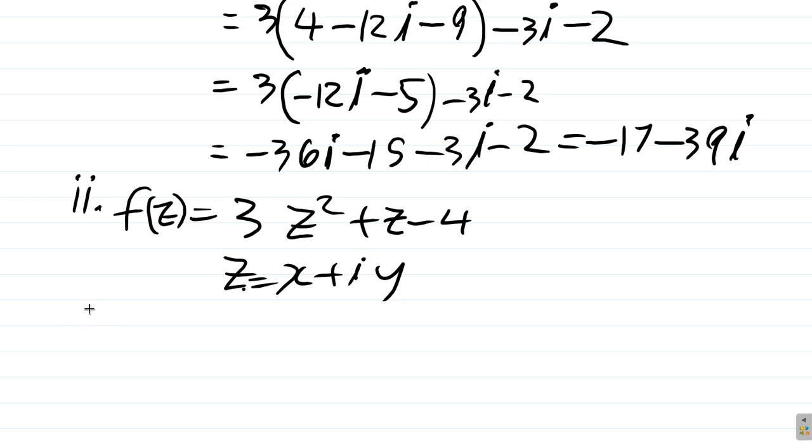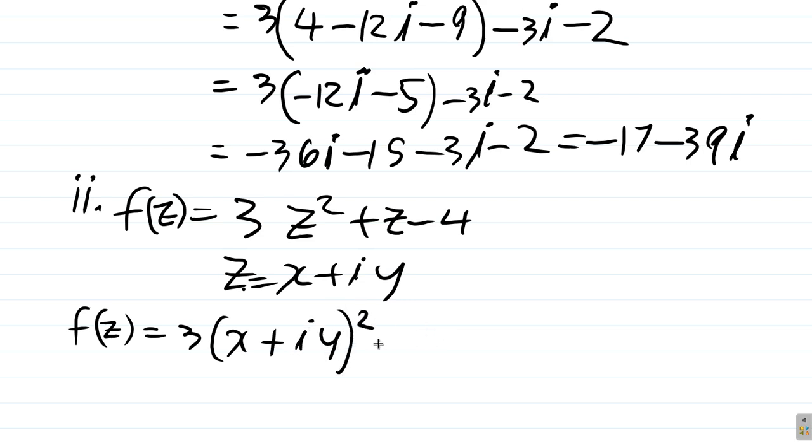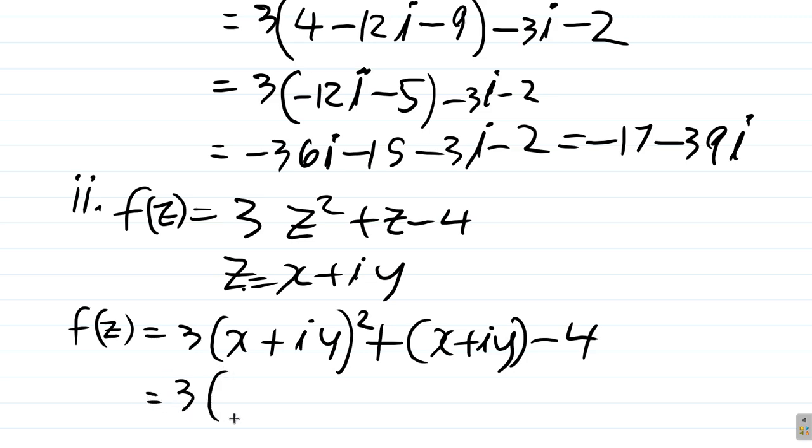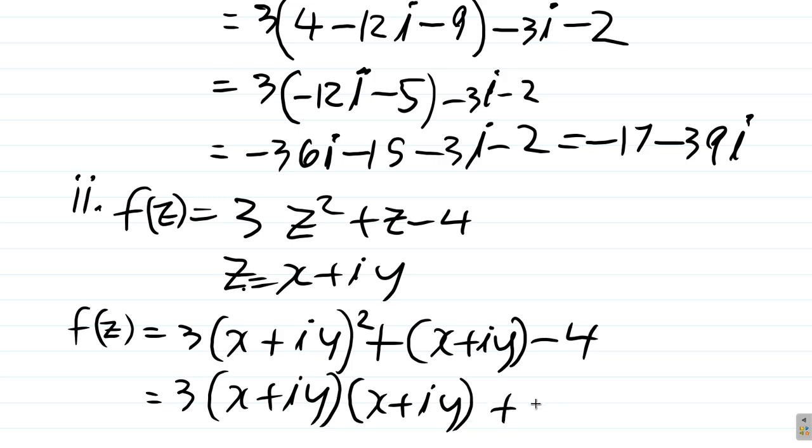So what you have is f(z) is equal to 3 times (x + iy) squared, plus x + iy, which is z, minus 4. This is 3 times (x + iy) times (x + iy), plus x + iy, minus 4. Alright?